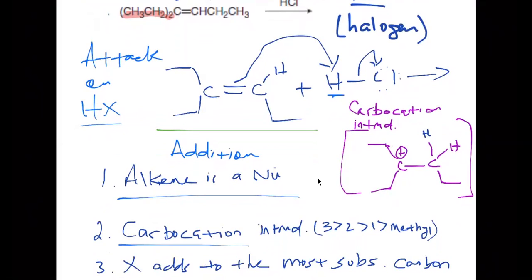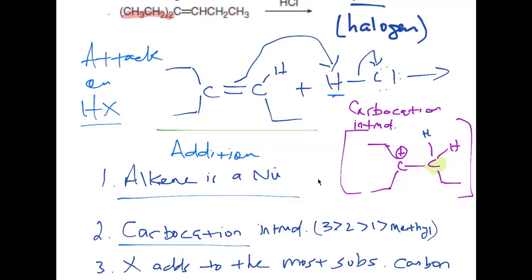The carbocation in this reaction, which I have shown in purple in brackets, is always going to end up on the most substituted carbon. It's not going to end up on this side, because that would be the equivalent of putting it on a secondary carbon, when you have a choice of putting it on a tertiary carbon.